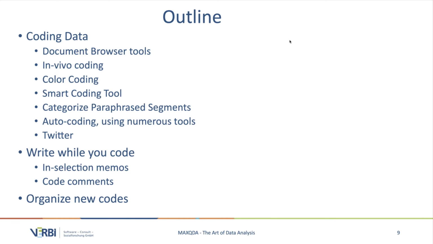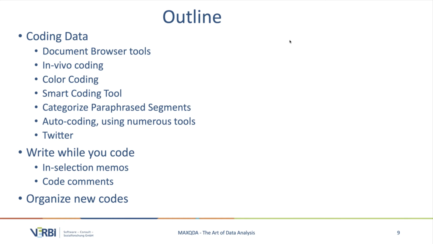We'll talk a little bit about in vivo coding, highlighting or color coding. We will look at the smart coding tool, which has a lot of uses, especially if you have interview data where the question responses are coded by that question.